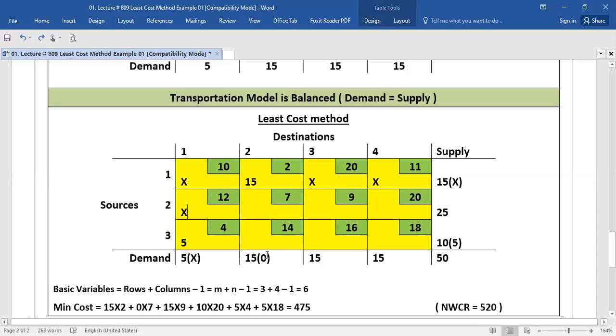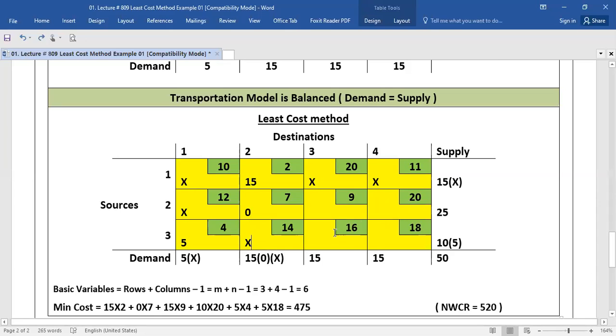You put 0 in this cell and put a cross in front of 0. It means this column is completely satisfied, and you also put a cross in the blank cell of this column, and your supply will remain the same. As there was 0 demand, when you subtract 0 from 25, it remains the same.